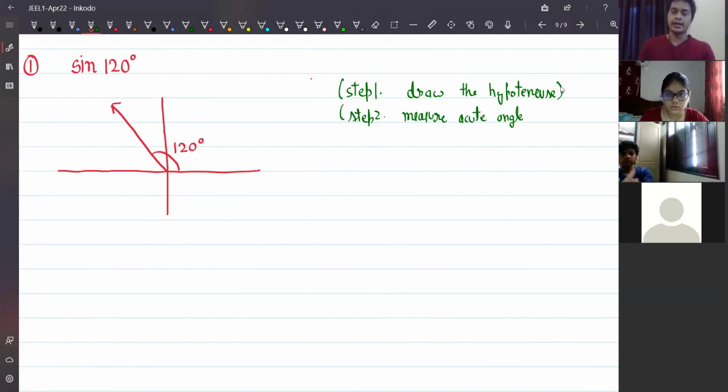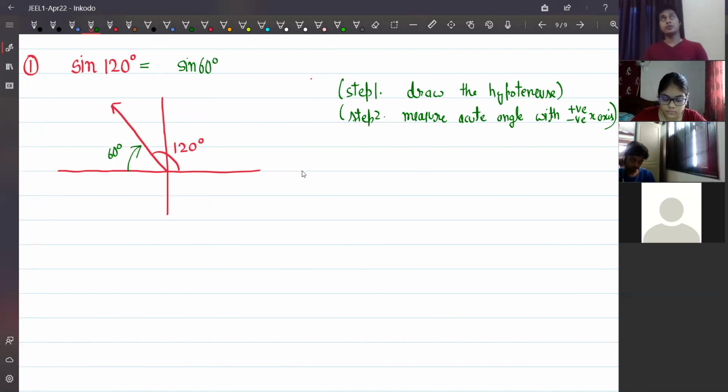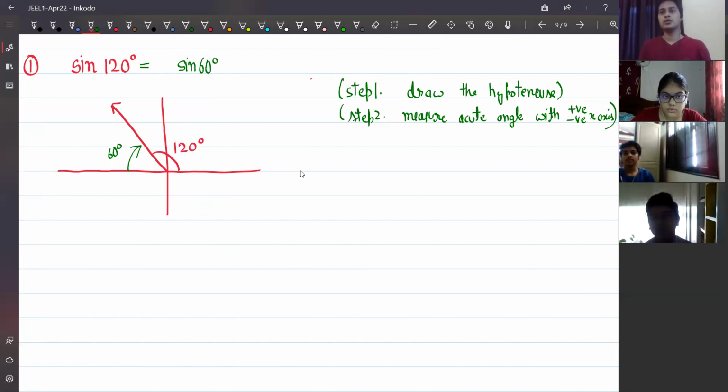Not positive, not negative, you just have to measure the acute angle with the positive or negative x-axis. That is step two. So here the acute angle is 60 degree with the negative x-axis. So just write this as sine 60. Then you have to remember whether the sign was positive or negative in the second quadrant. Sine was positive in the second quadrant. So it's sine 60, so the value is plus root 3 by 2.